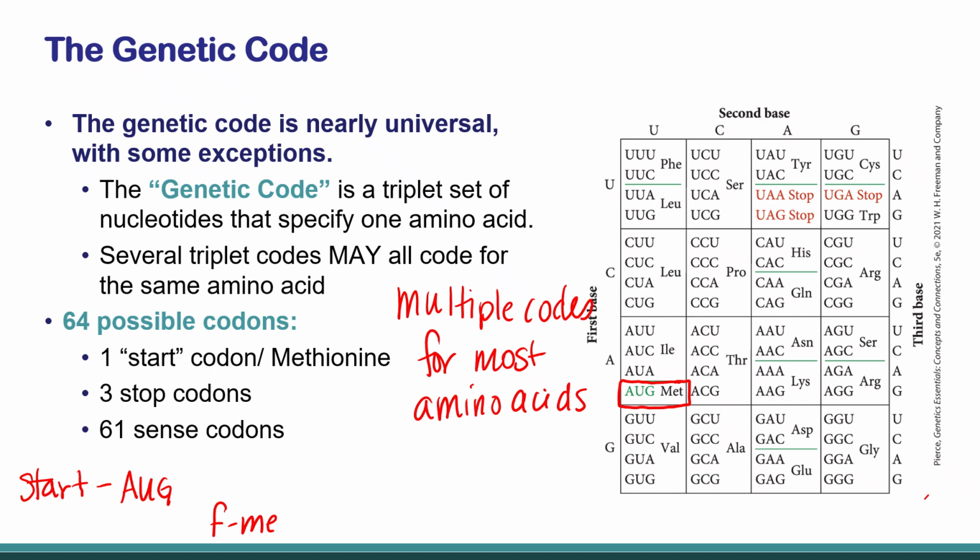And we'll talk about that one a little later. If we encounter methionine code later, it just pops in a regular methionine. There are also 3 stop codons. So these are codons that terminate the amino acid sequence, and that leaves 61 codons for the rest of our amino acids.